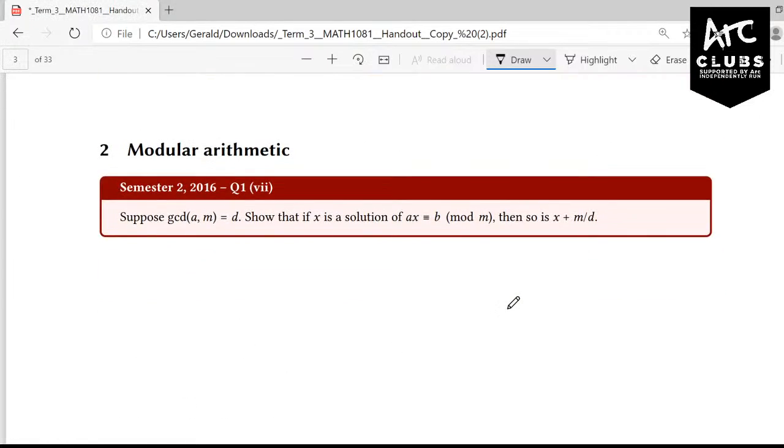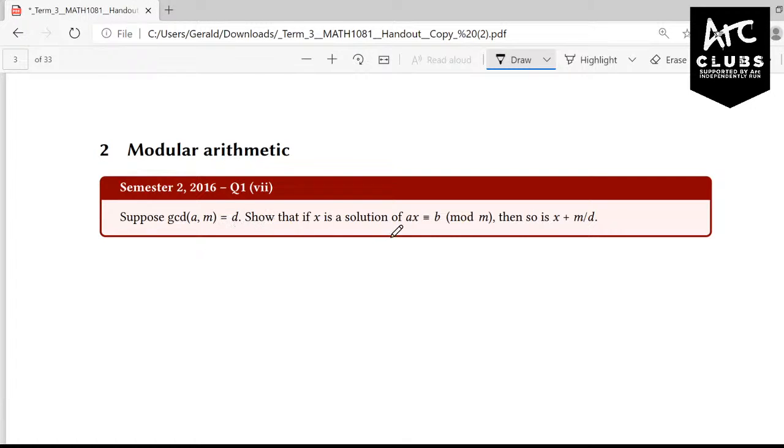Cool. So we move on to modular arithmetic. This is not a very common question that you'll be asked, because I know that proofs aren't a big thing in your final exam, but I will do it in case anyways. Suppose that the greatest common divisor of a and m is equal to d.